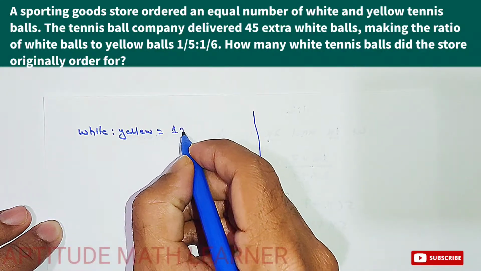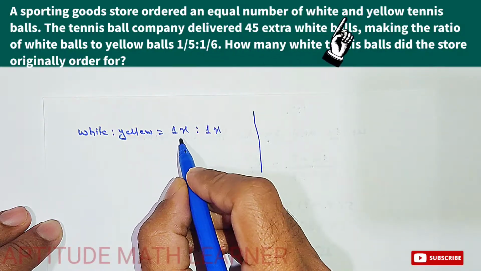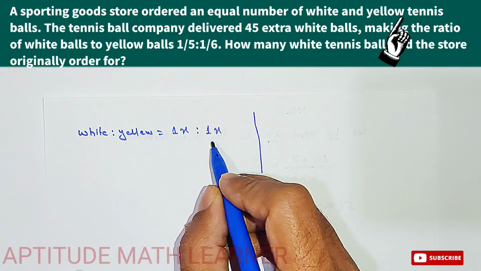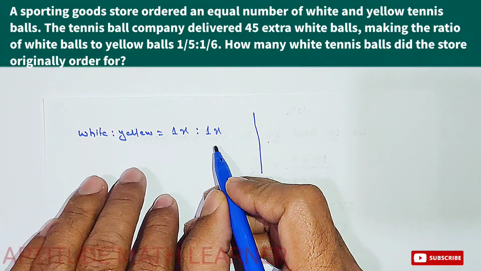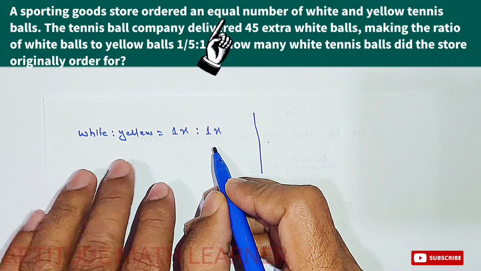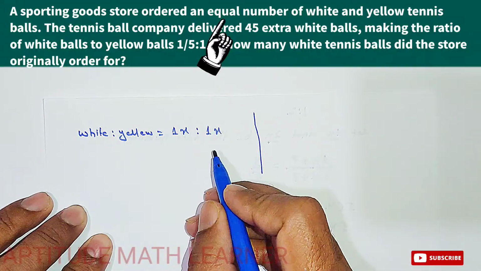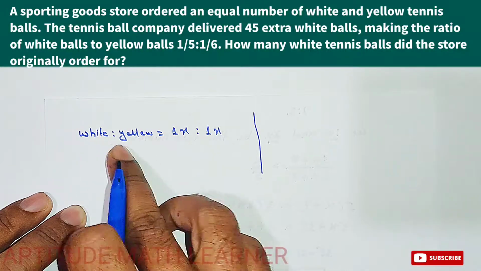So we take 1x ratio 1x, this is for white balls and this is for yellow balls. So the store demanded white and yellow in equal ratio.